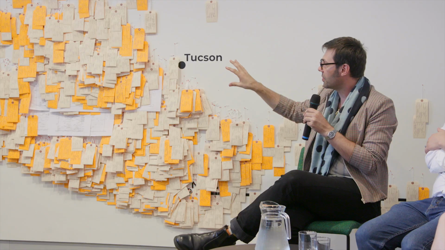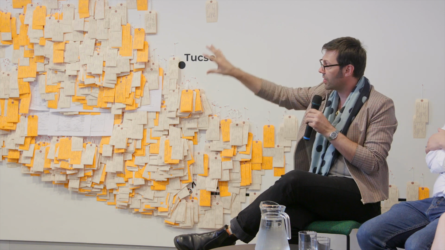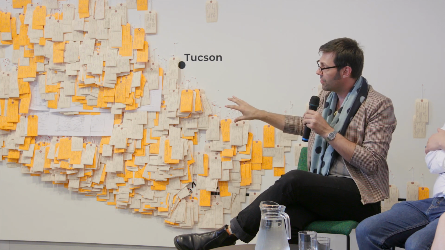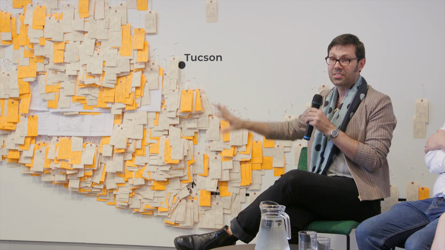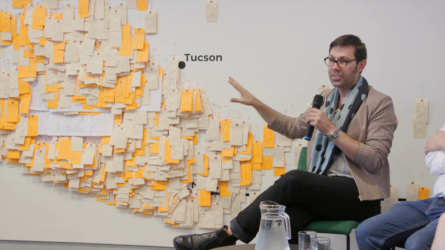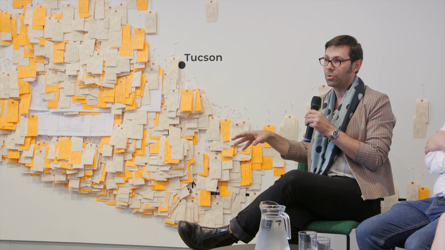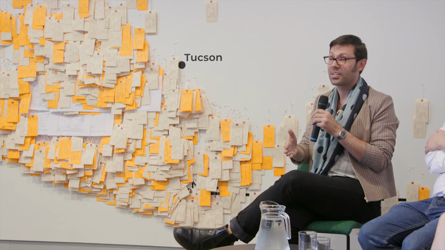So each of these tags represents the location where someone died trying to get into the United States across the desert. There's no fence, there's no very active border control, there's no line in the sand, there's just a great big deadly desert. And the official US policy is called prevention through deterrence.